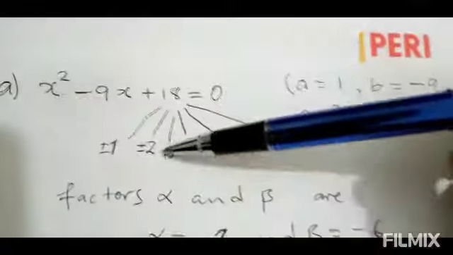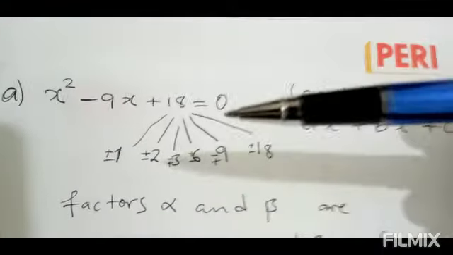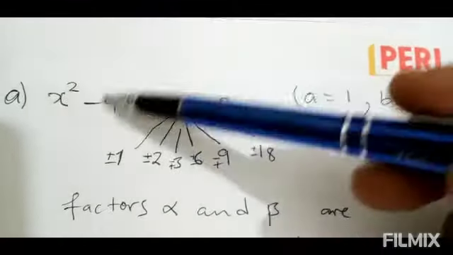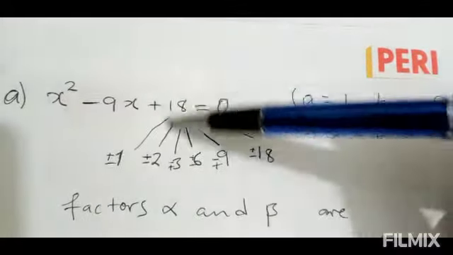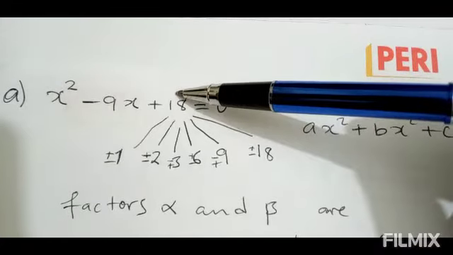Now, the most important thing is, on these factors, what two factors, if you add them together, are going to give you negative 9, and if you multiply them, are going to give you positive 18?